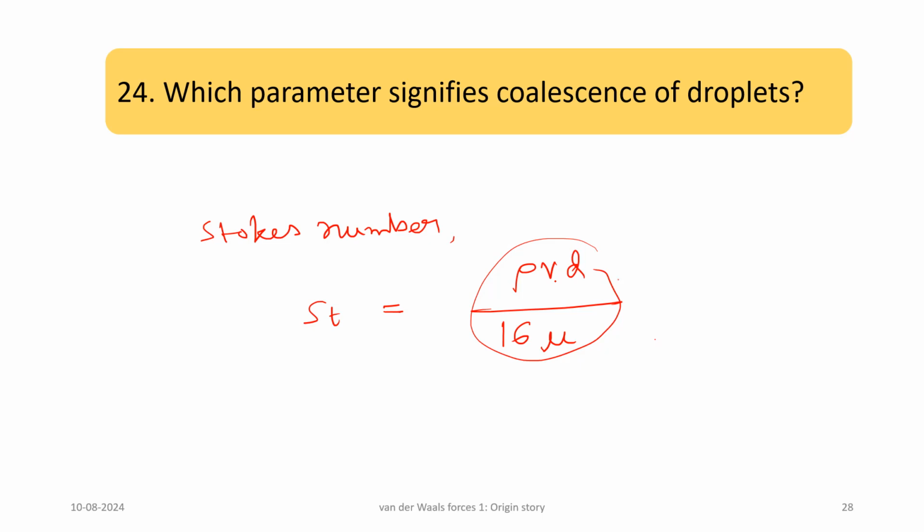This signifies the coalescence of droplets, and it also depends on the critical value of the Stokes number.